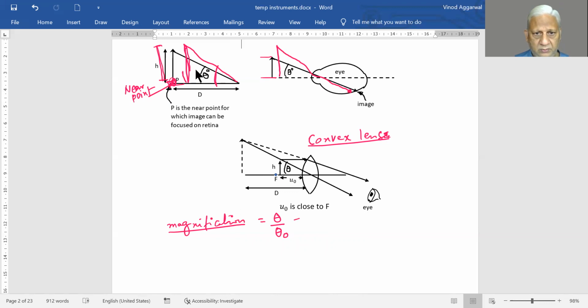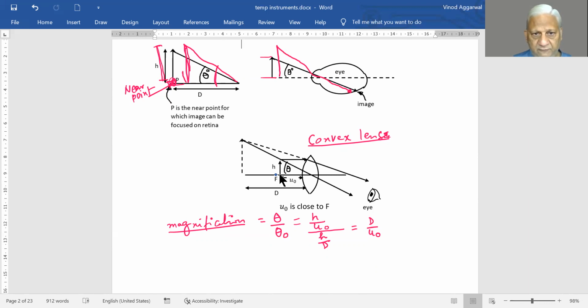This is also equal to h by u0, where u0 is the distance of the object from the lens, divided by h by d. h is this distance and d is the near point. Now this becomes d by u0.